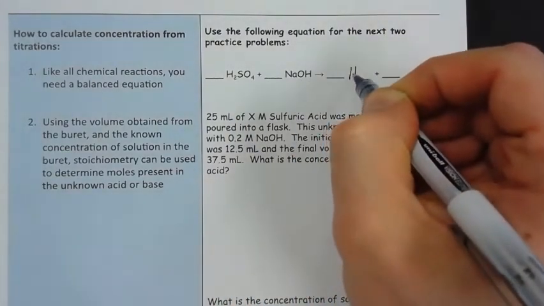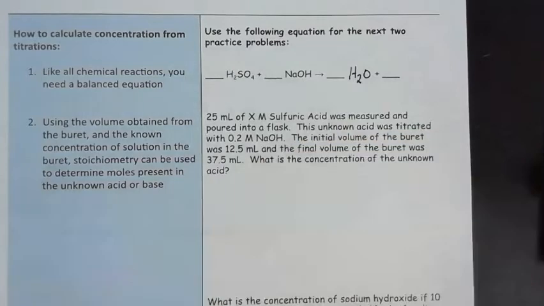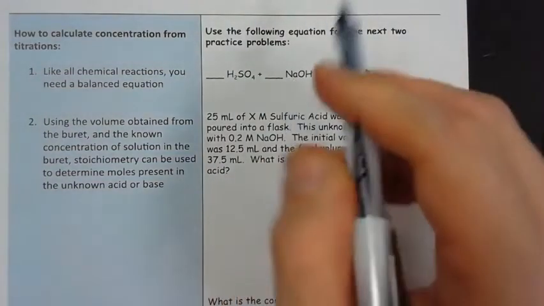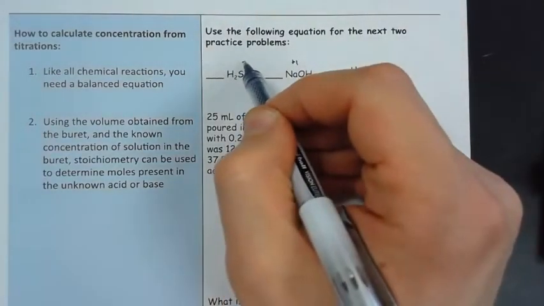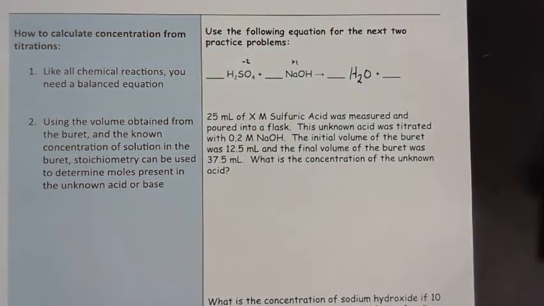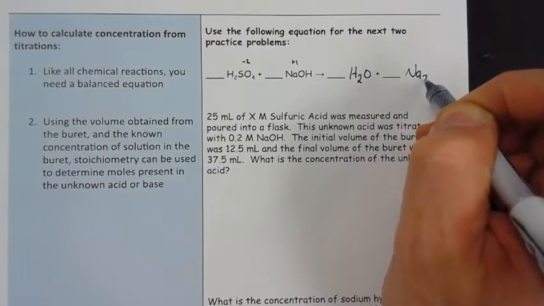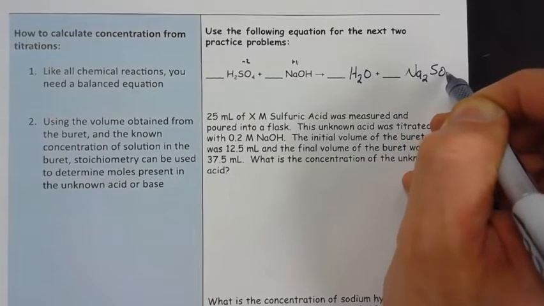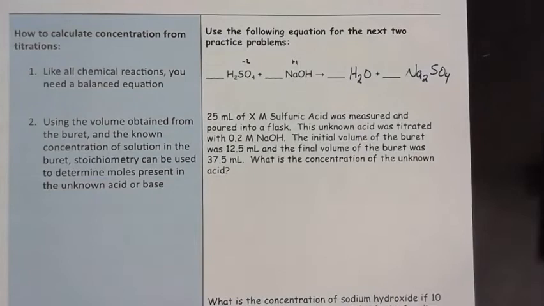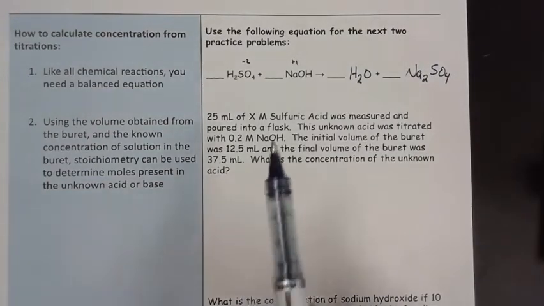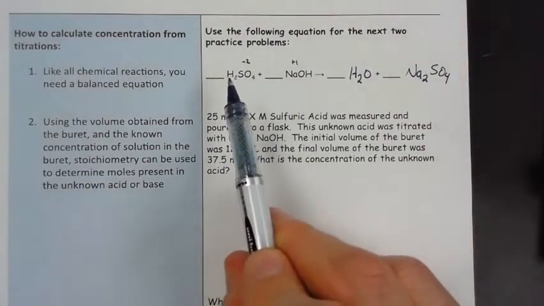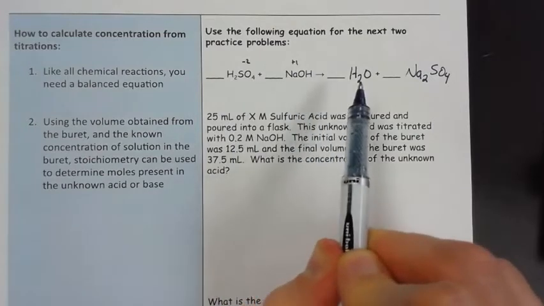The first product that we're going to put is H2O. And then this +1 sodium ion is trying to bond with that -2 sulfate ion. So the second product is going to be Na2SO4 or sodium sulfate. Now, I think it's always easier to balance everything from the salt, because you kind of get lost with hydrogen there and only hydrogen here.